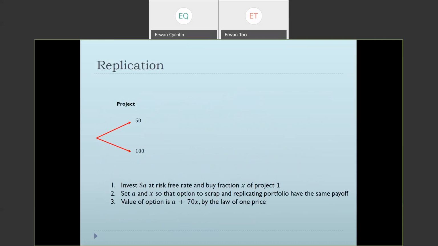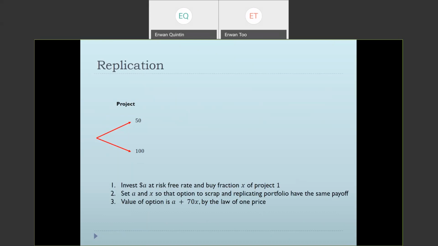I do not know the value of the option, but I'm going to create a portfolio that has exactly the same payoff as the option. And that portfolio, I happen to know its value, and I'm going to invoke the law of one price. I'm going to say two portfolios that have the same payoffs in every possible state of the world have to have the same value, and therefore the value of the option is going to be the cost of my replication portfolio. So that's the idea.